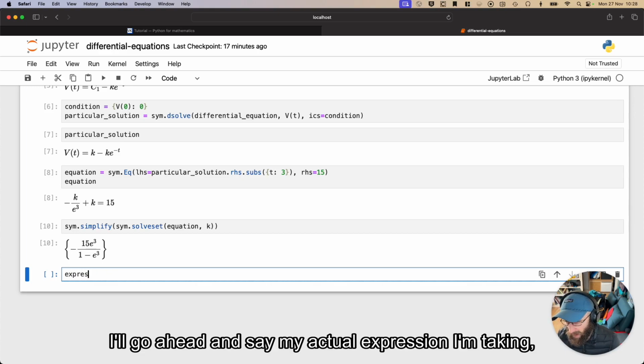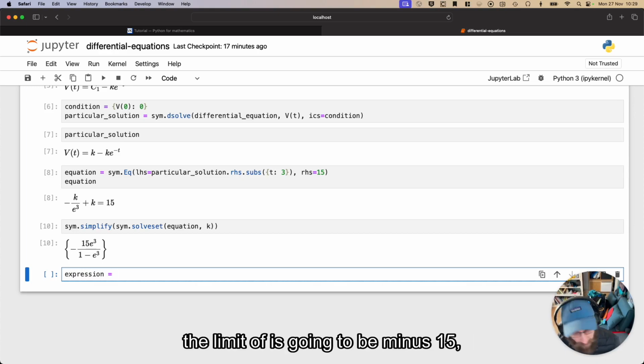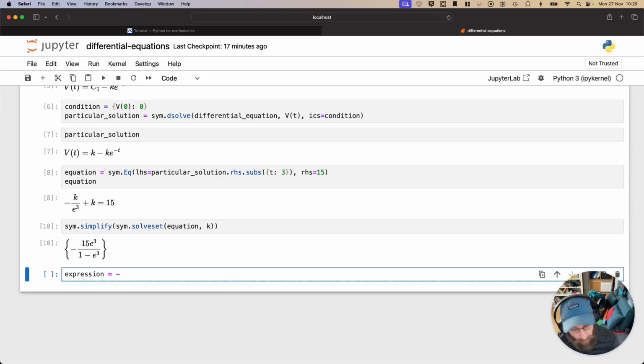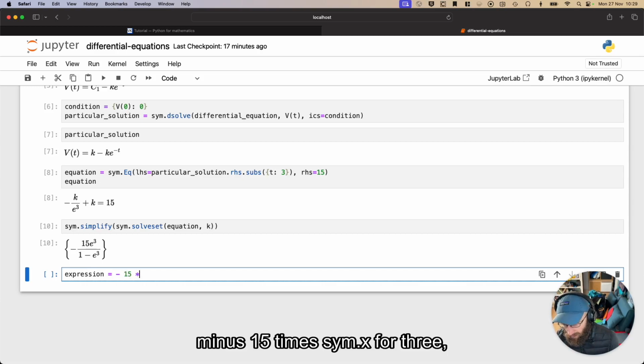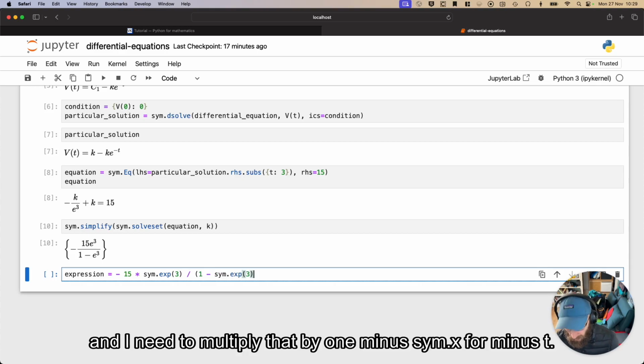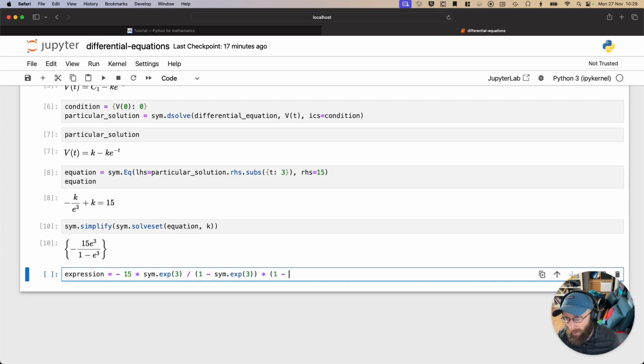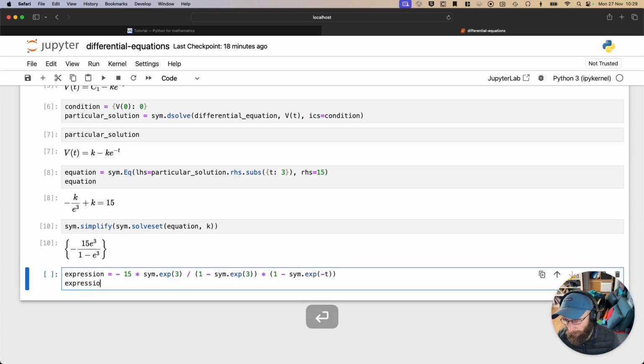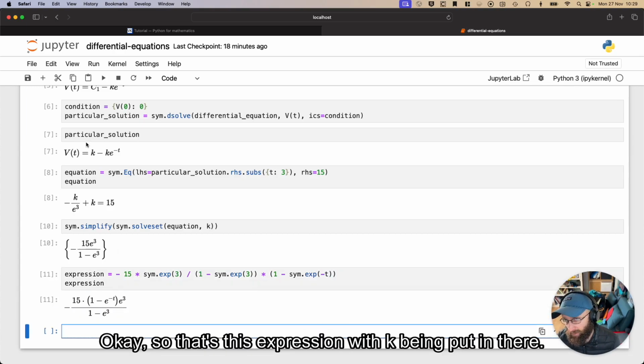I'll say my actual expression I'm taking the limit of is going to be minus 15 times sym.exp of 3 divided by 1 minus sym.exp of 3, and I need to multiply that by 1 minus sym.exp of minus t. Okay, so that's this expression with k being put in there.